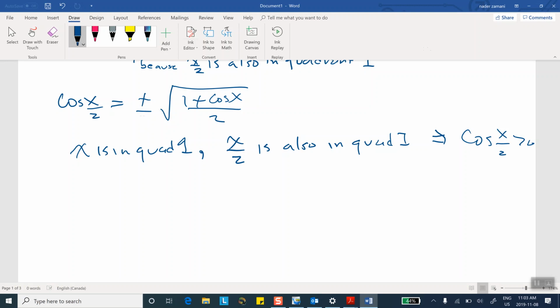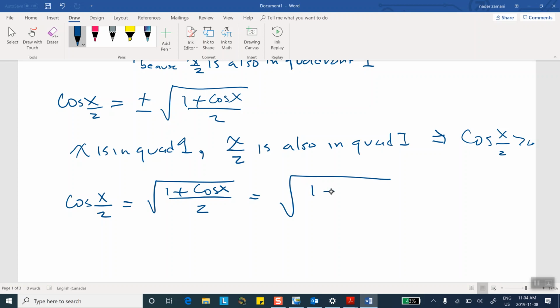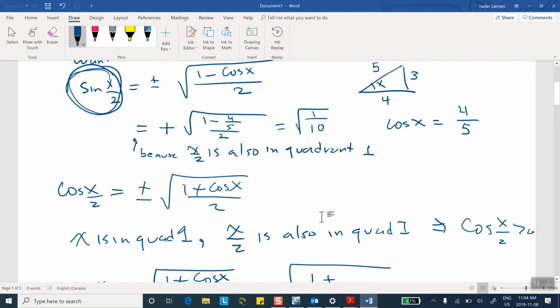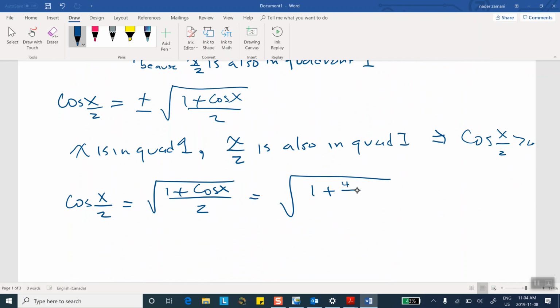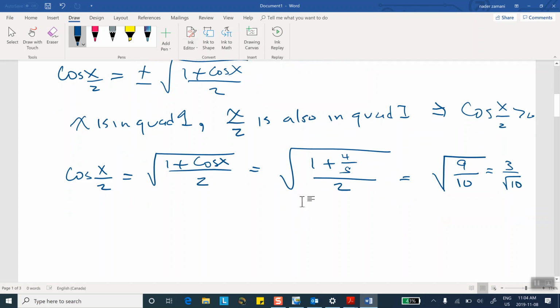So you don't take the negative sign. We already got cosine of x, so 1 plus 4 over 5, divided by 2, and probably the answer in the back is going to be 9 over 10, or 3 over root 10. One or the other, I don't know.